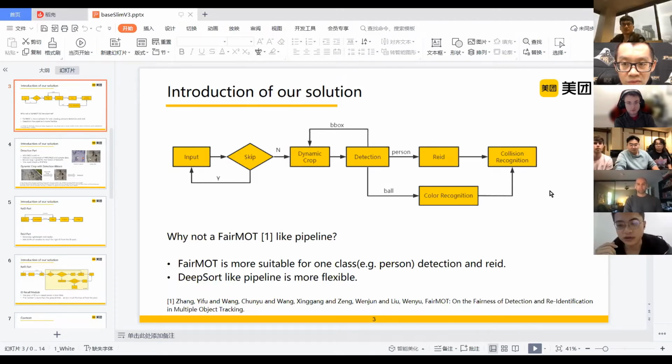For example, one person cannot hold two balls at the same time. This change can lead to five points at the last. Okay, that's all.